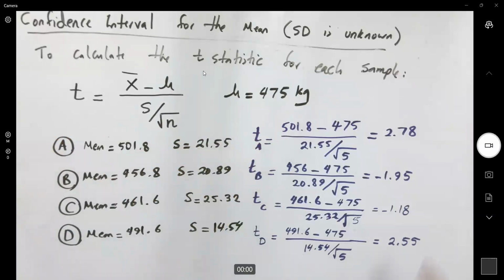Remember, the mean of the T distribution was 0. Which one is far away from 0?